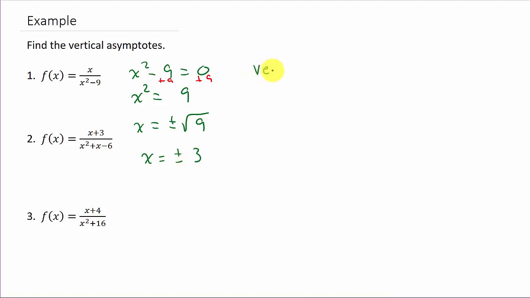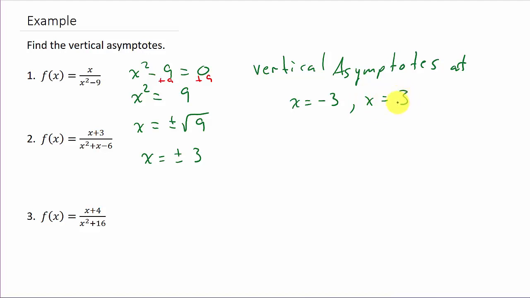So that tells us we have vertical asymptotes at x equals negative 3 and x equals positive 3. All right, let's take a look at the next problem.